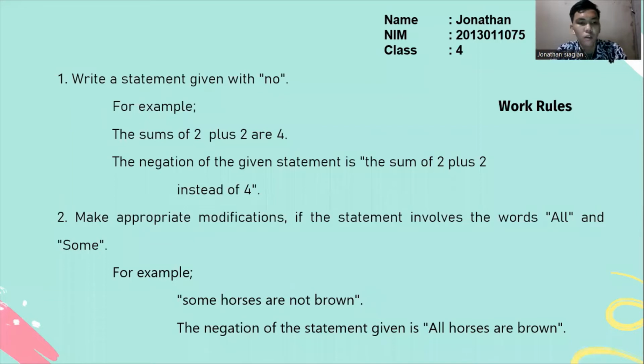And the second is make an appropriate modification if the statement involves the word all or some. For example, some horses are not brown. The negation of the statement is all horses are brown.